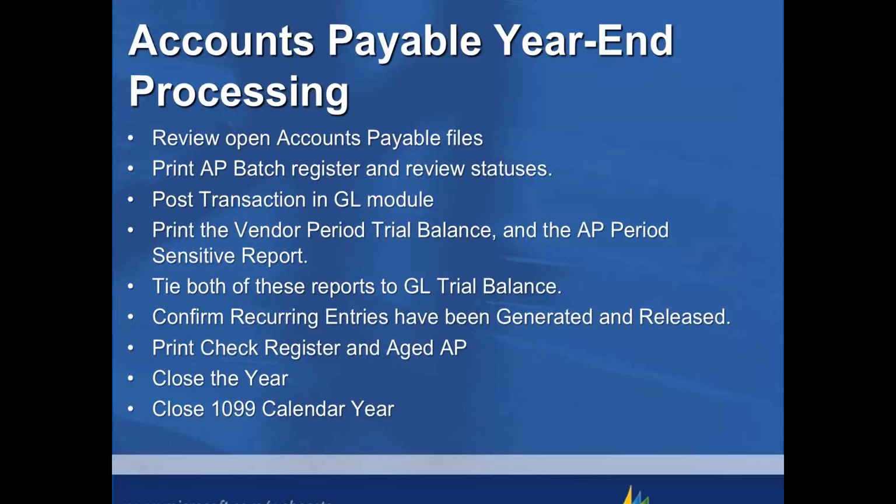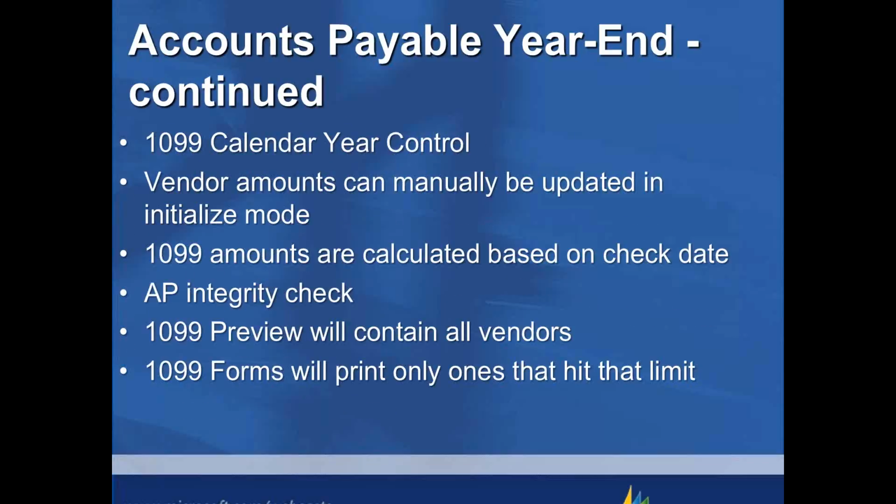Print a check register, aged accounts payable, and then you close the year. Now, the closing, of course, occurs in the general ledger in the closing screen. And then you would also usually close the 1099 calendar year control. But there's going to be a few more comments on the calendar year control, so stand by.